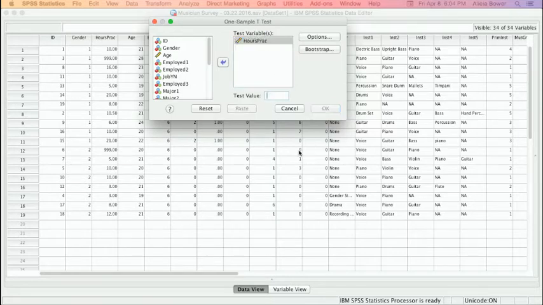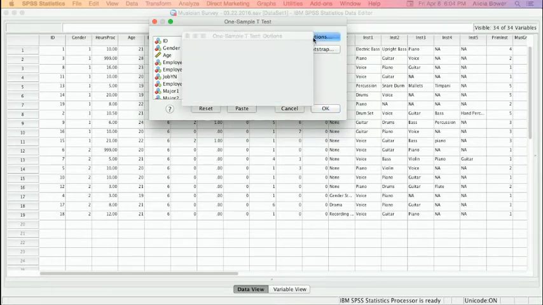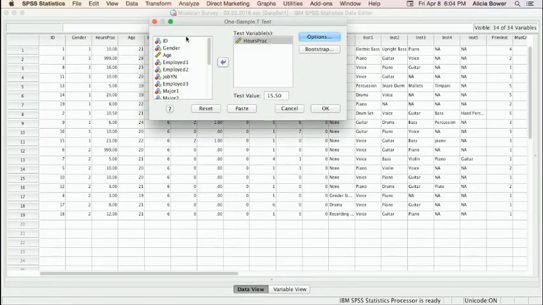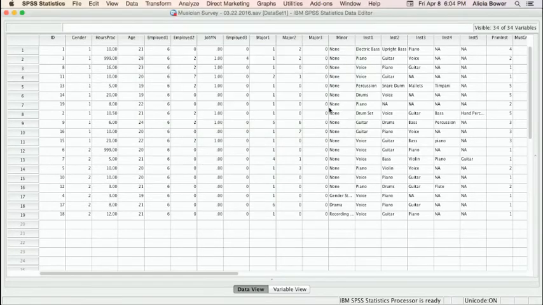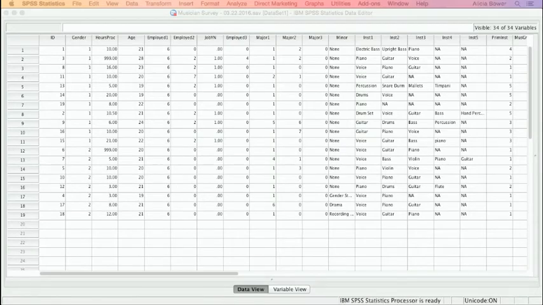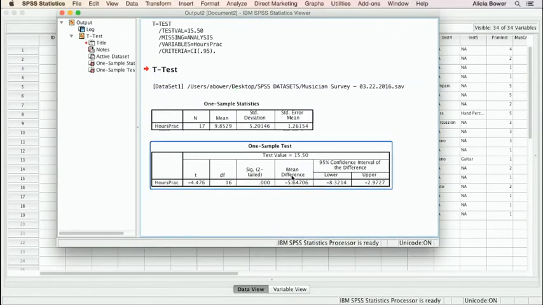The Berkeley population average hours of practice. So we know that that value is 15.50. So that's all I want to do. Let me check options, nothing, sorry. So I think all you have to do now is press OK. And then you should get the following output.